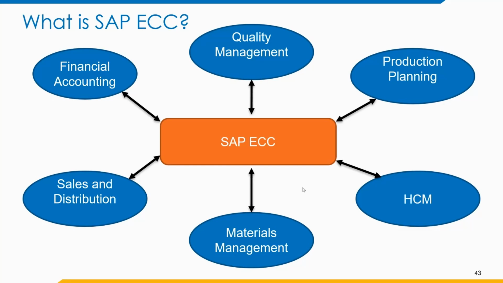The SAP ECC system serves as a central component where all the information is integrated in one single place, with real-time changes as well. For example, if there are any changes in an HCM system that need to be reflected in financial accounting or material management, that will be reflected automatically via the SAP ECC component.